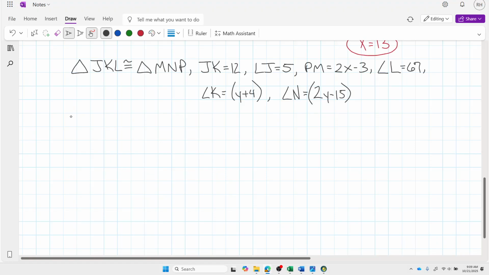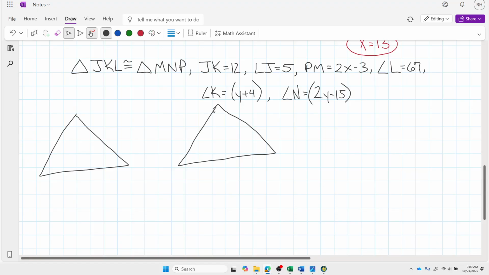All right, same thing. Draw the triangles. We've got JKL and MNP. You can label the corresponding and congruent angles.